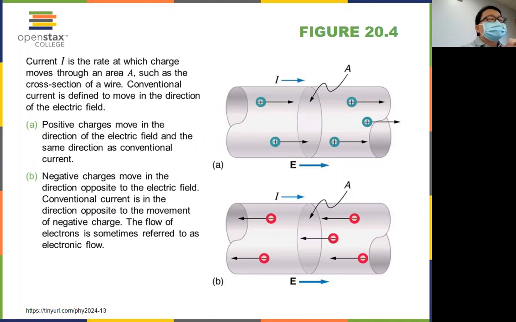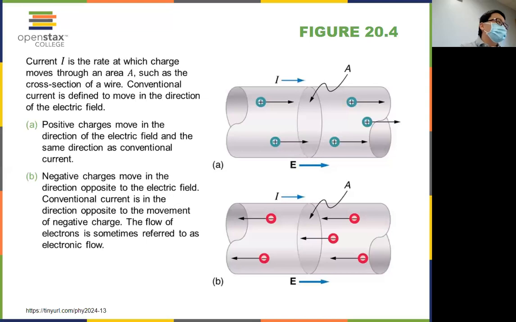The current should be in the same direction as the electric field. If you have positive charge carriers, then the carrier, the electric current, and the electric field are all going in the same direction. If you have negative charge carriers like electrons, then the electrons move in the opposite direction of the electric field and the electric current.